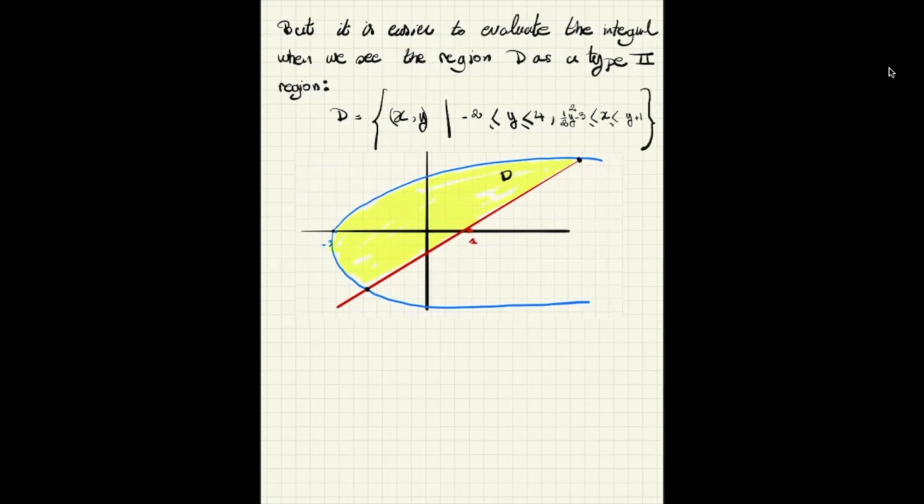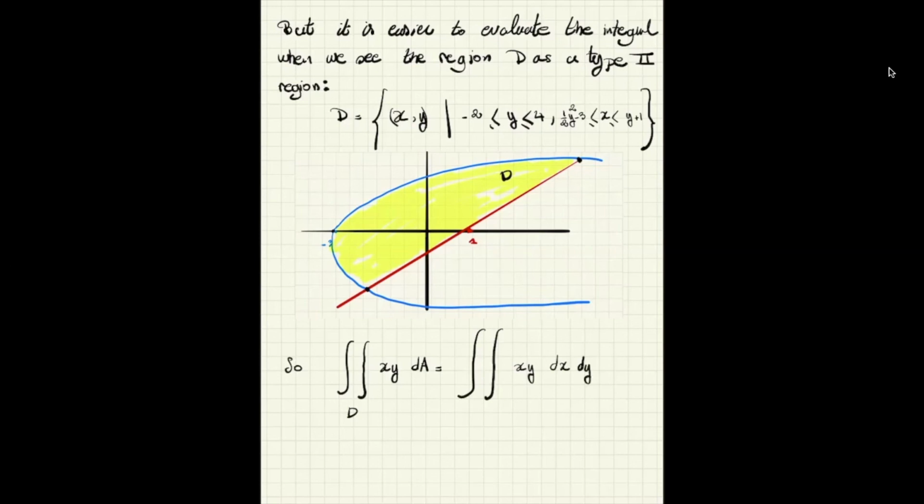Okay, so the integral of xy dA over the region D is given by the integral of xy dx, because now it's a type 2 region, so we fix some y and then we integrate with respect to x, and then dy.